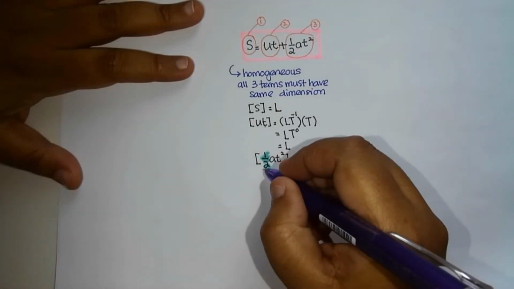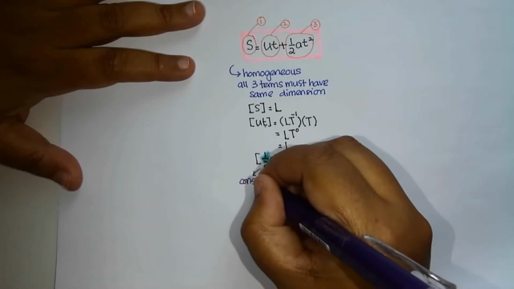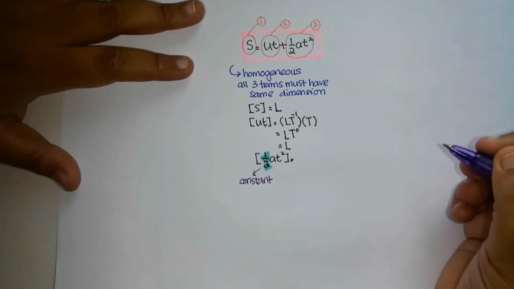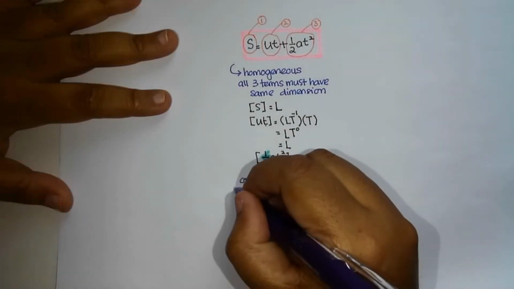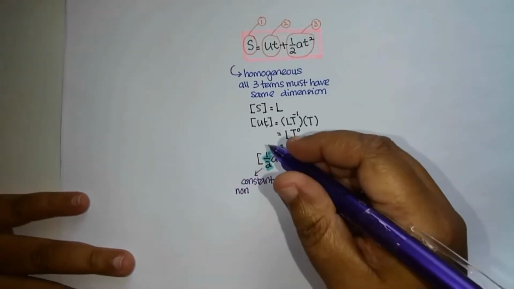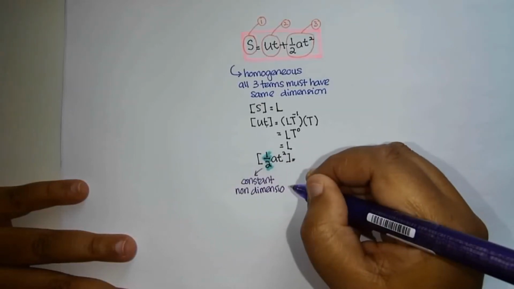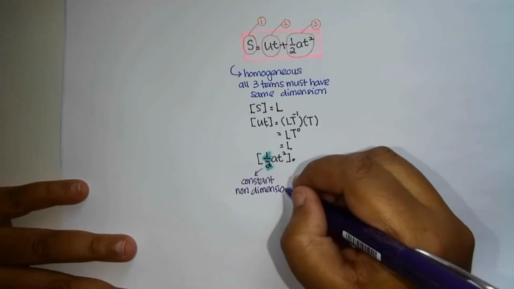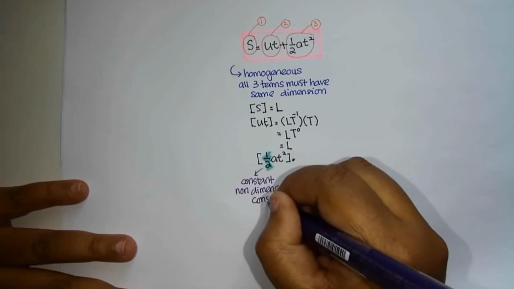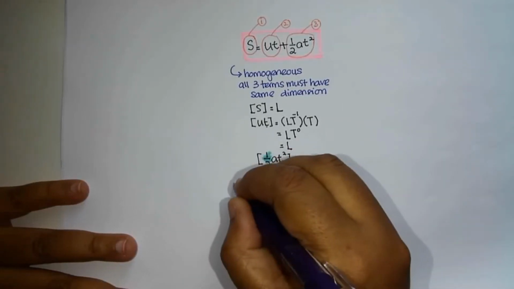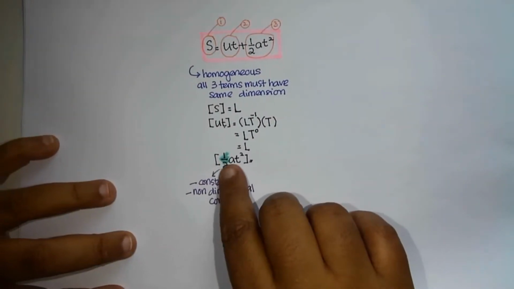It is actually a number, a numerical value, so it doesn't have dimension. Therefore we only find the dimension of at squared.